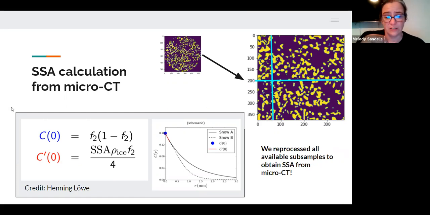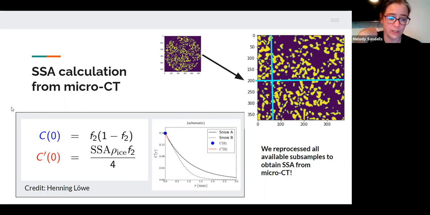The correlation function looks something like the bottom middle. You can see that the correlation drops as a function of distance. If you start within an ice crystal, close by, you're likely to be in ice, but as you go further away, you're less likely to be in ice. Now, the blue spot there, the value of the autocorrelation function at the origin, is related purely to the ice volume fraction F2, or snow density.